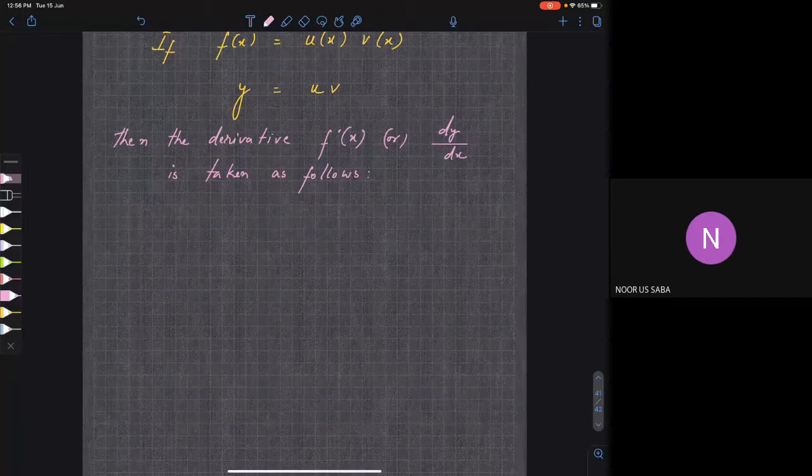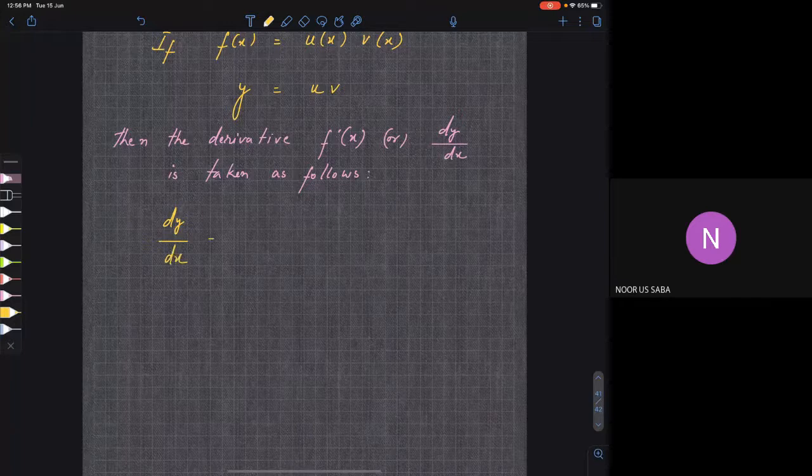So dy by dx is equal to u, which you keep as it is, multiplied by the derivative of v, plus v, which you keep as it is, multiplied by the derivative of u.